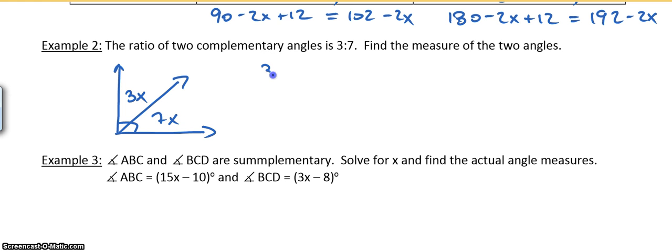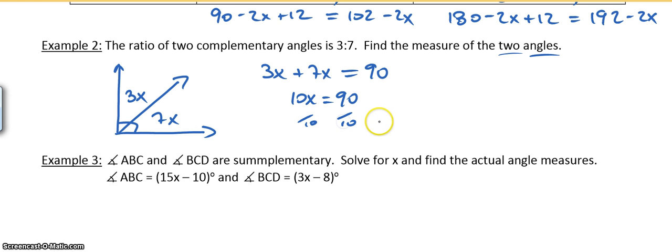Then what I'm going to do is find a value for x that, when put together, equals 90 degrees. And then once I have my value for x, I'm going to substitute it back in and actually find the measure of each of the two angles. So 3x plus 7x is 10x equals 90. Divide by 10, and x is 9. Now, once you have your solution, you should always go check to see if this works.